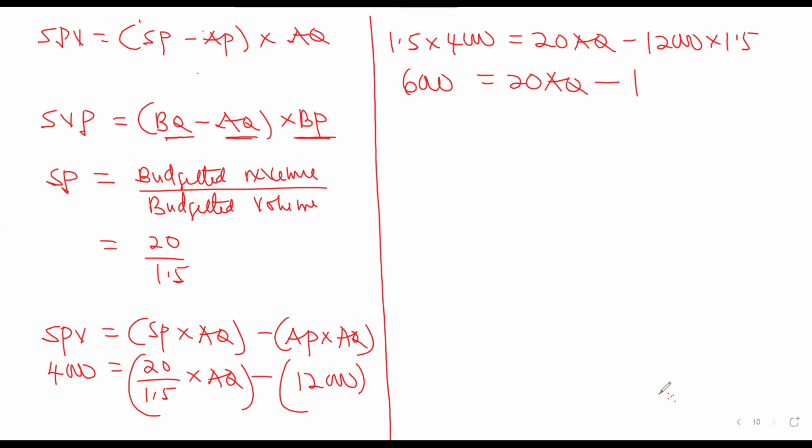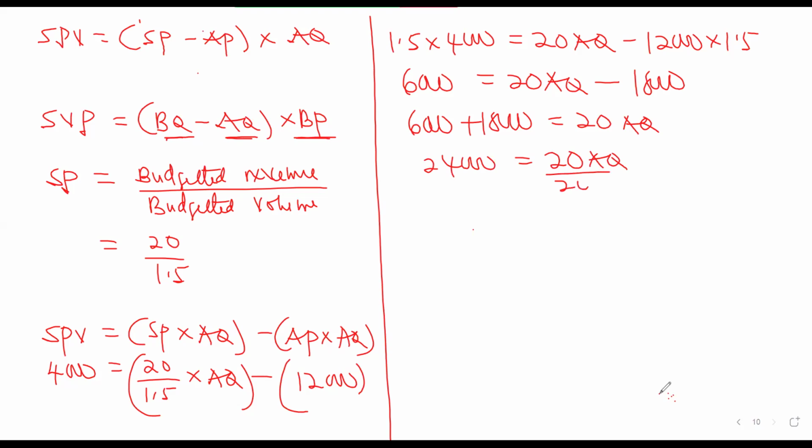That will be negative 18,000. So can we have 6,000 plus 18,000 is equal to 20 AQ? So this will be 24,000 is equal to 20 AQ.